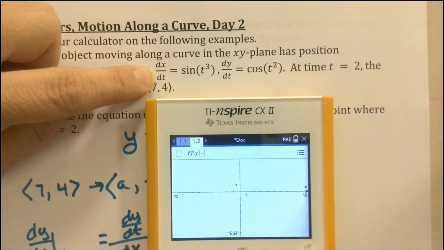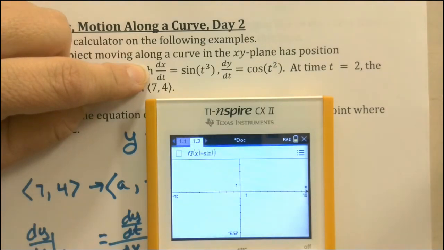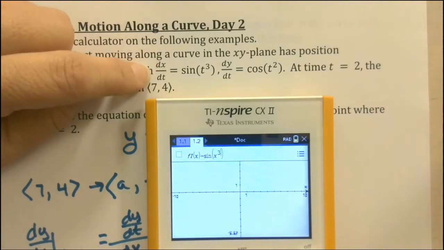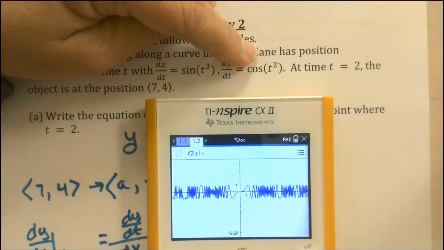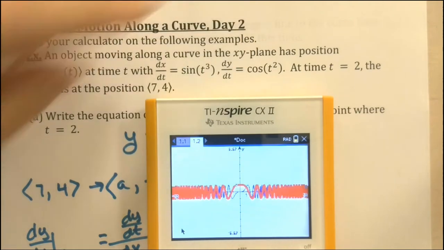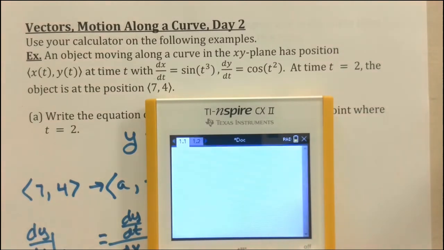So f1 of x, I'm going to let that equal sine of x cubed, keeping in mind that my x here is really a t in my problem. But when we enter things in on the graph page, we can only use x's. And then in f2, cosine of x squared. Okay, so there's my two components of the velocity vector.